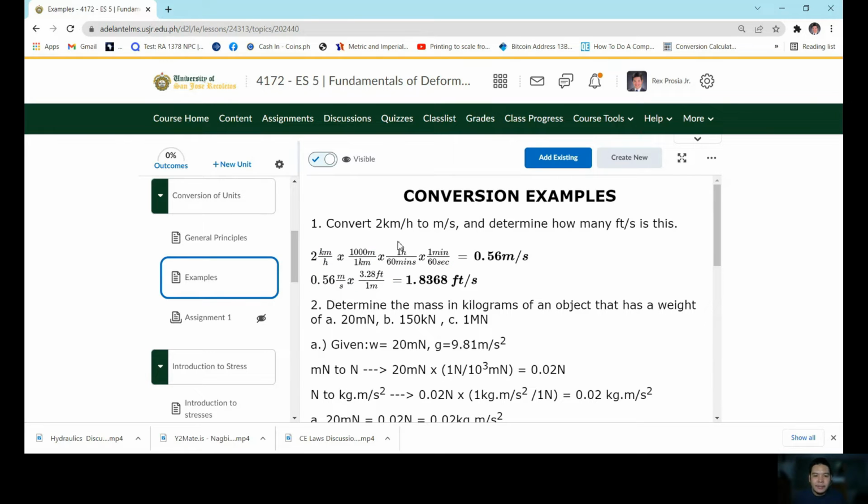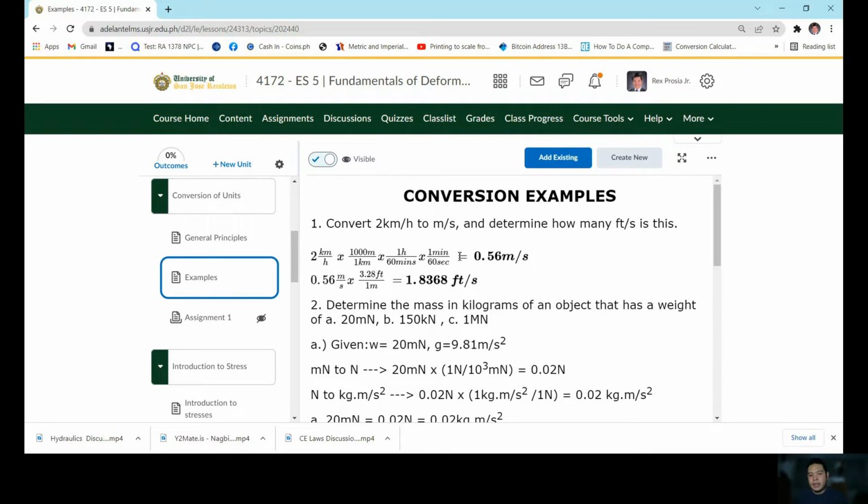What remains is 60 minutes. And remember, the minutes is our denominator, so we want to cancel that one out also. So 1 minute is equal to 60 seconds in order to cancel the minute units. So cancel km, cancel hours. What is left is meters per second.